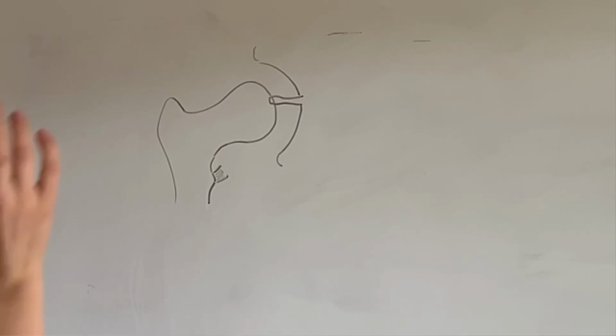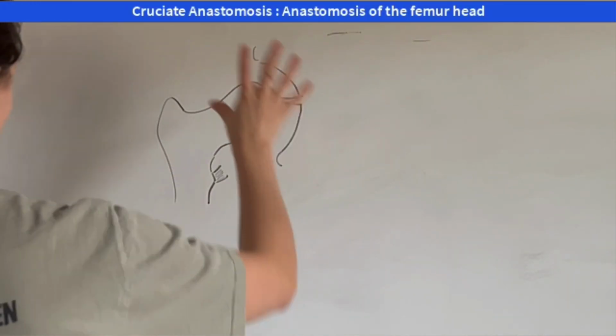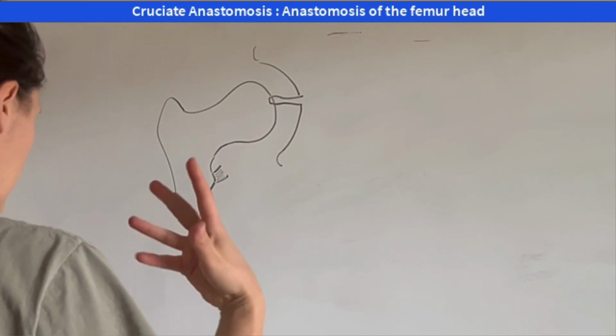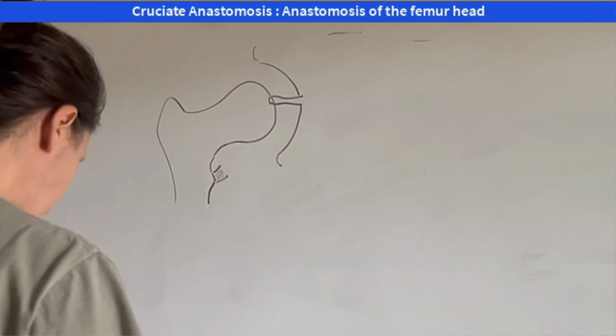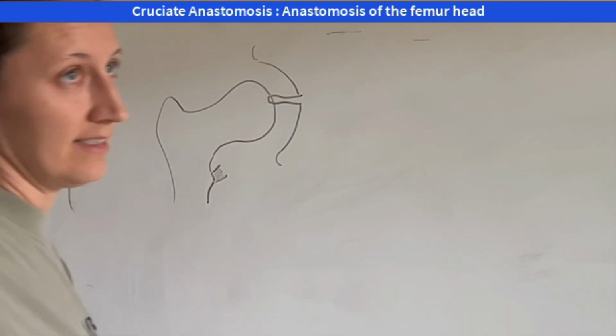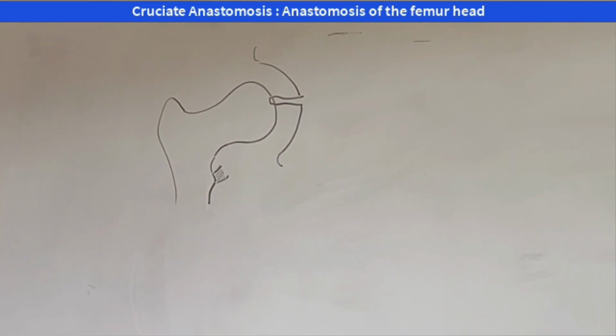So I wanted to take a zoomed in view of this cruciate anastomosis, aka the anastomosis around the femur head and neck. I misspoke earlier because I'm going to blame it on the sickness, but I will tell you what I messed up on.